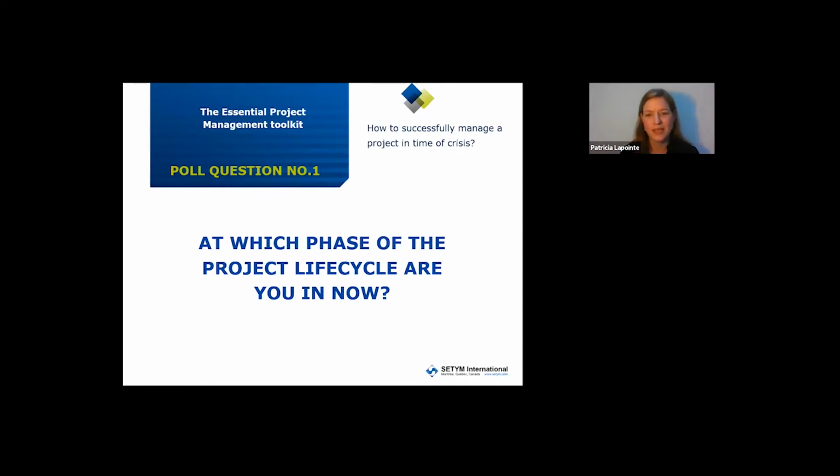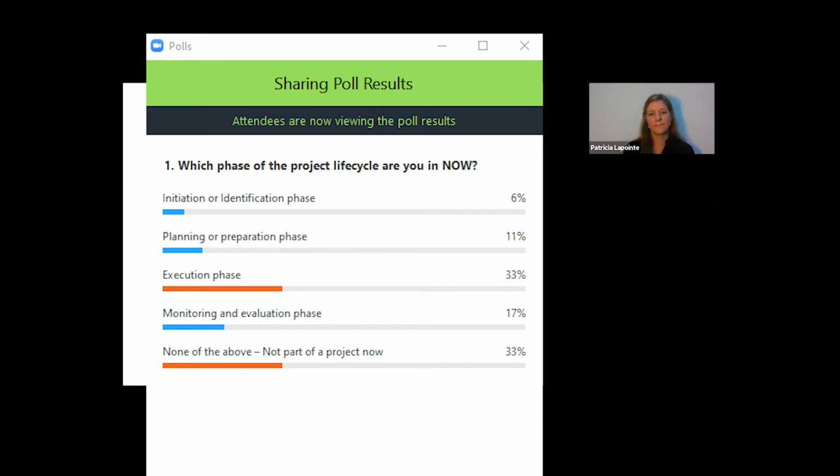Great, we're getting some results. Please, everyone. A lot are in the execution phase. So we have a few, about 35%, that are not in a project right now.